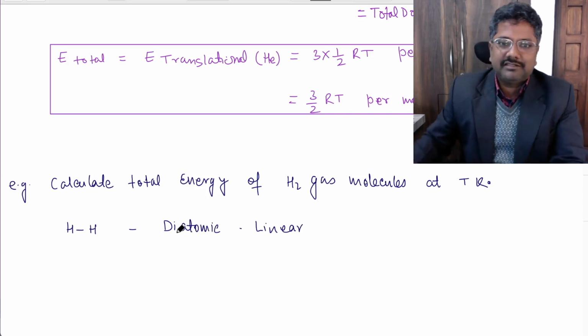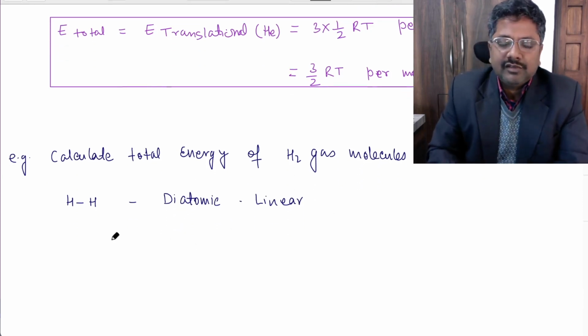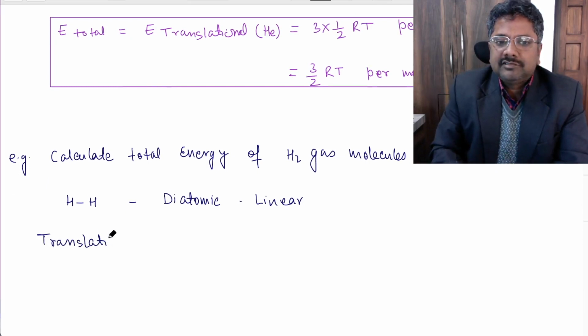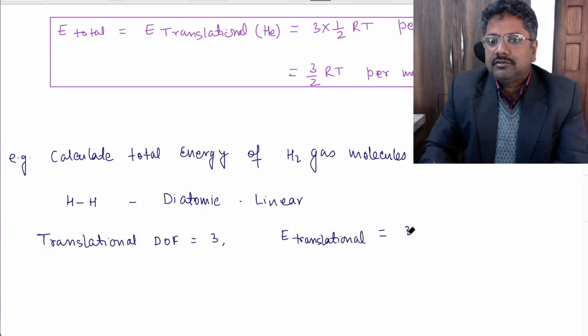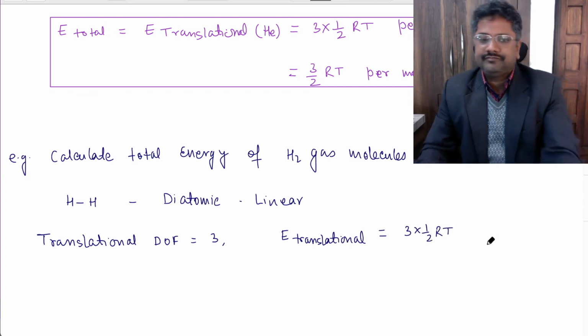Now simple formula: translational degree of freedom is equal to 3. So E translational is equal to 3 into 1 by 2 RT, right?